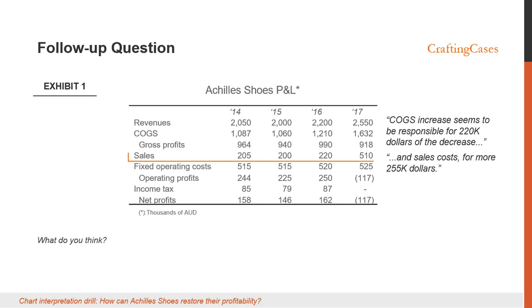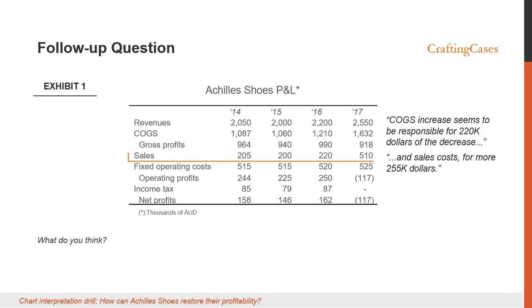If we add up the profit from 16 and the losses from 17, the gap is only 370, but profits should actually have increased with the increase in revenues, and margin should have increased too. So the $475 gap that we're seeing that's covered by COGS and sales costs is explained by that.